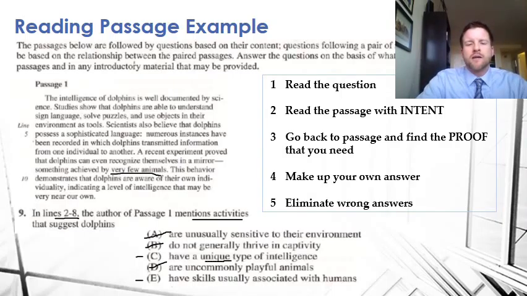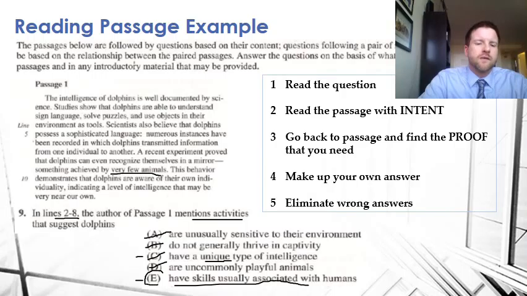The word unique indicates one of a kind, right? It doesn't say that they have an intelligence that's one of a kind, so we can eliminate that. And we see that skills usually associated with humans is our correct answer, because humans are one of the other animals that can indeed achieve those kinds of skills. So E is our correct answer.